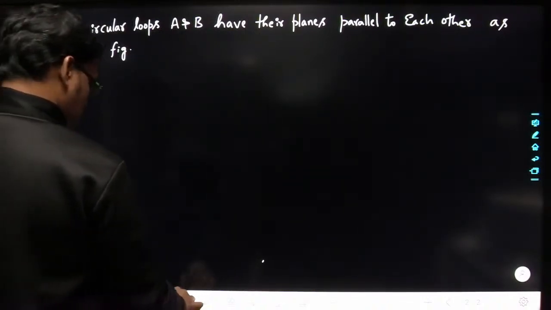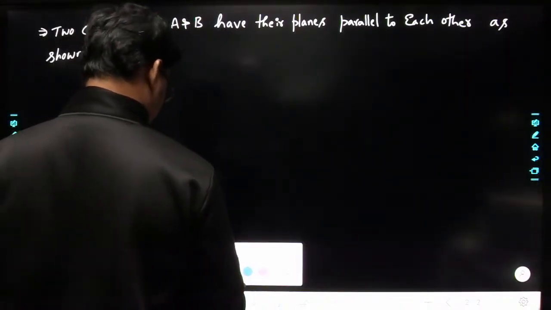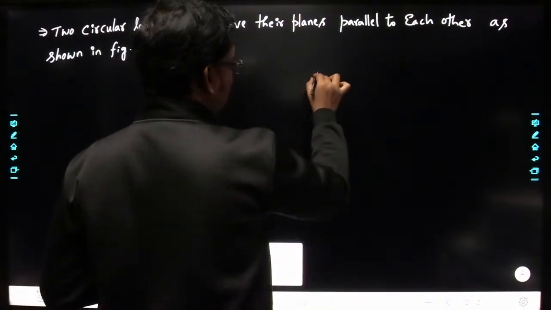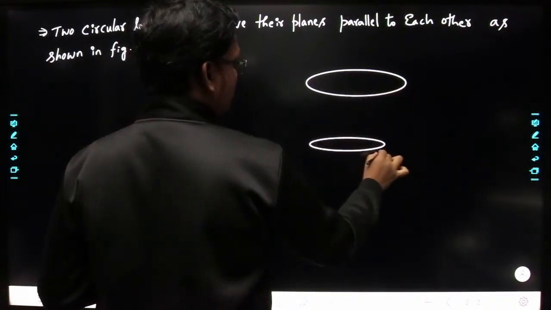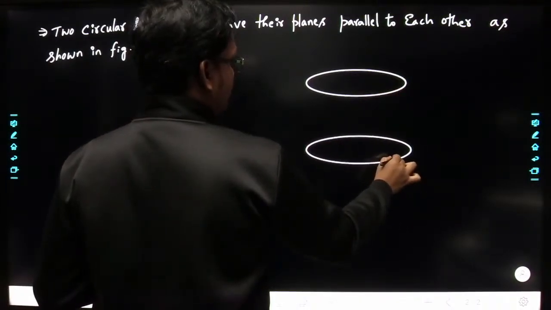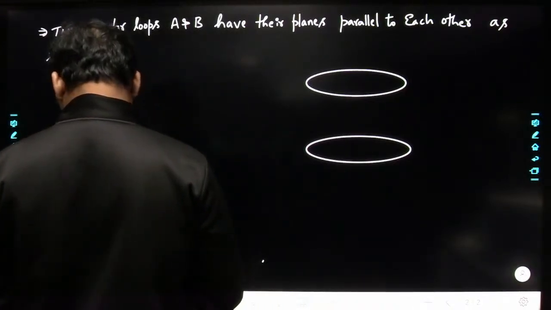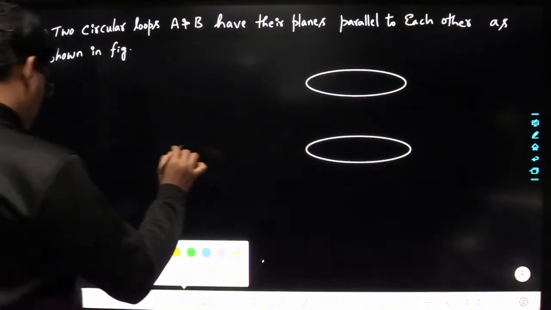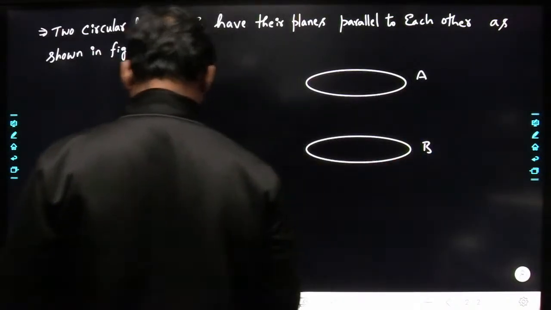Okay, so here they have given two circular loops like this. So this is loop A and this is loop B.